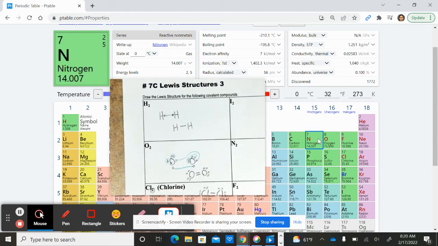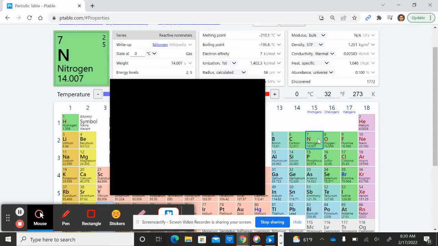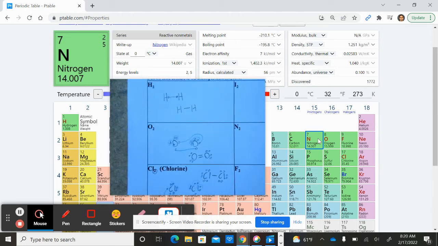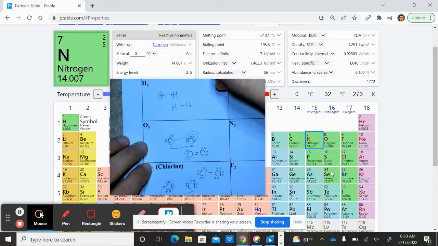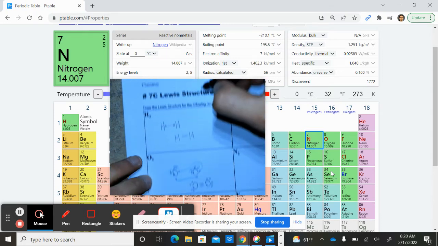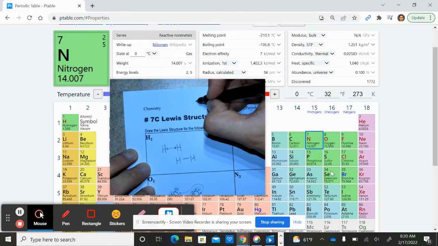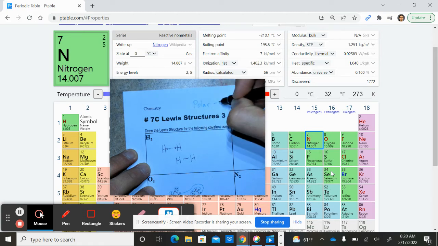All right. So at this point, we are going to go into polarity. So for polarity, we just went over this in class. We're trying to see if we have a polar or a non-polar covalent bond. Okay.